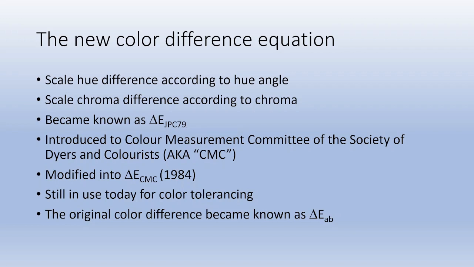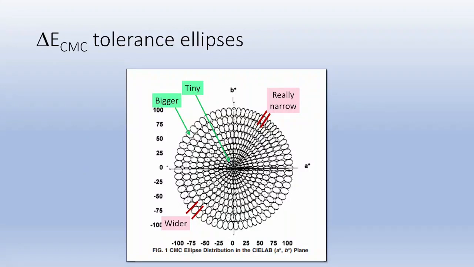so let's forget about that one. Here we see what the delta E CMC tolerance ellipses look like. We see that, as I predicted before, with the yellow, the ellipse is elongated this way. So we're allowed a larger difference in B star than we are in the other directions.